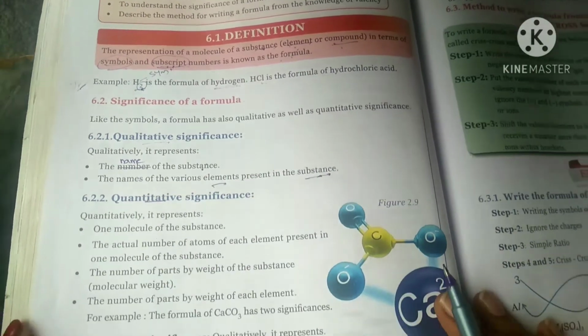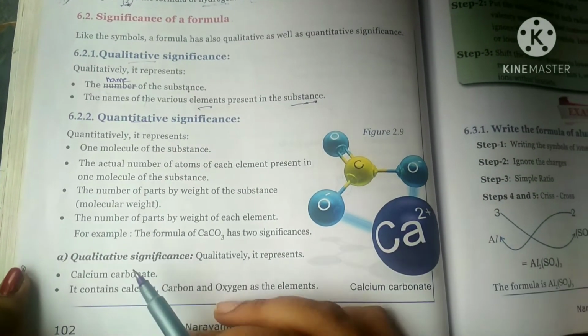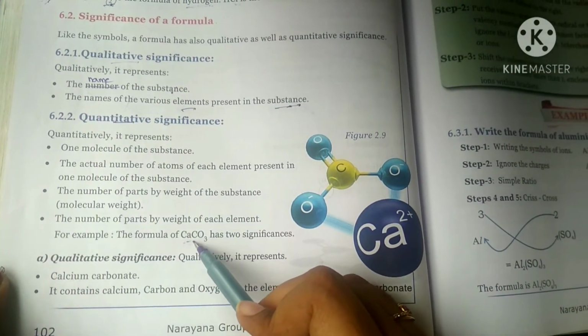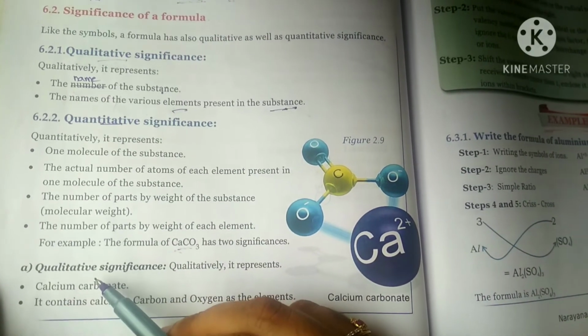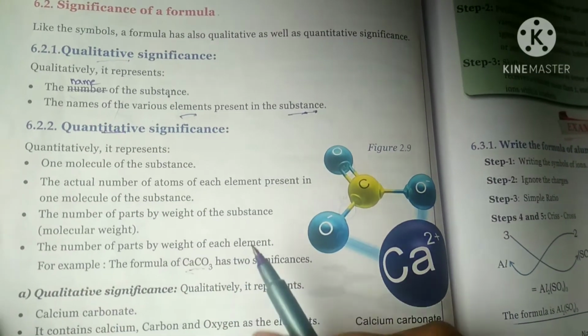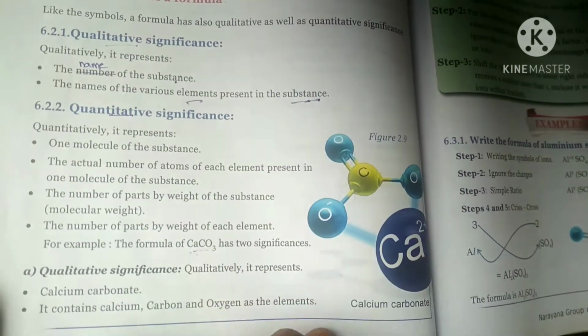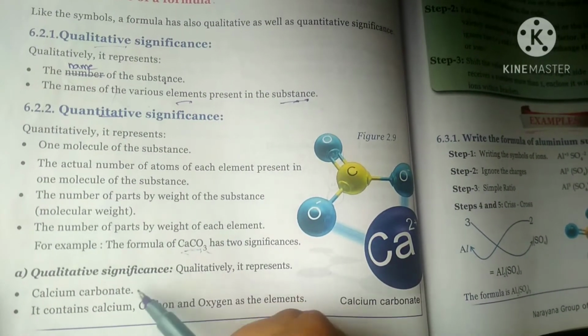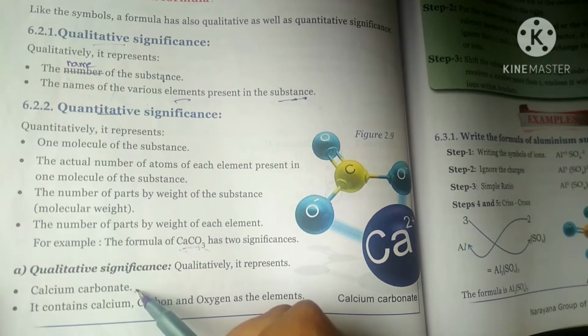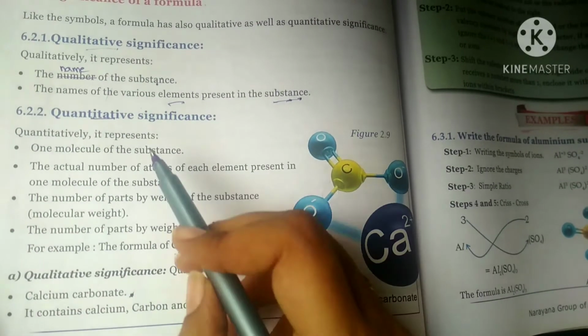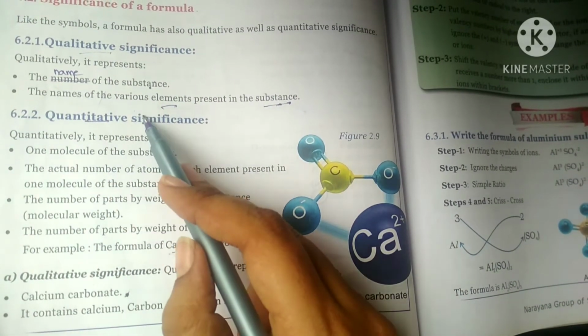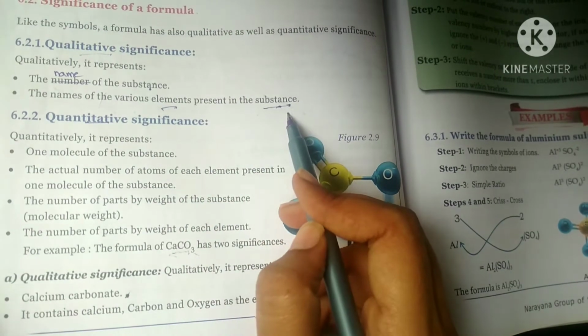If you consider CaCO3 as an example, what qualitative significance will it give? What is the first point we mentioned? The name of the substance. So here CaCO3 is there. What is the name of that substance? Calcium carbonate. Next, what is the second point? The names of various elements present in the substance.